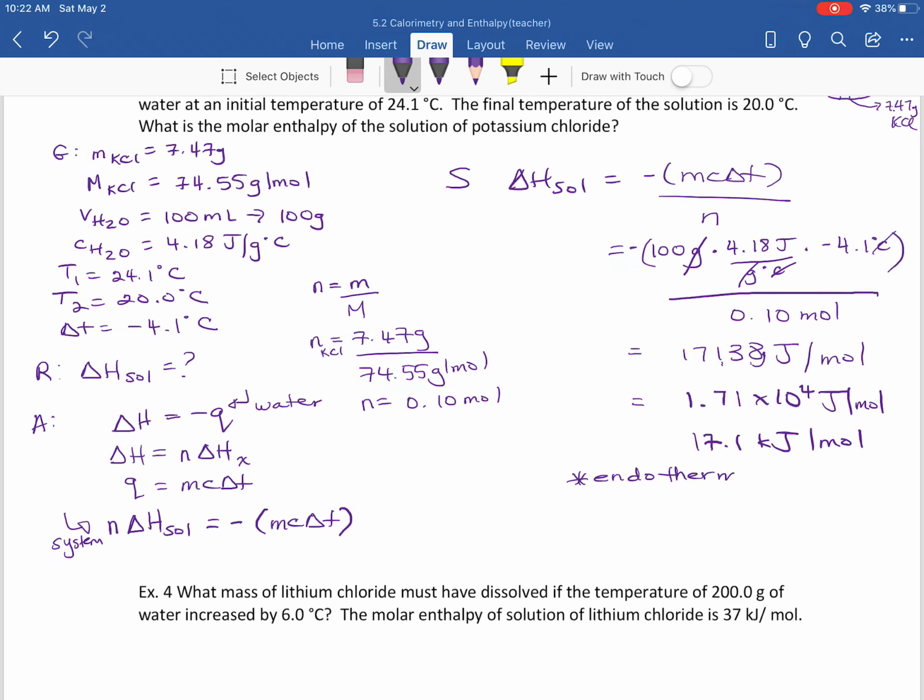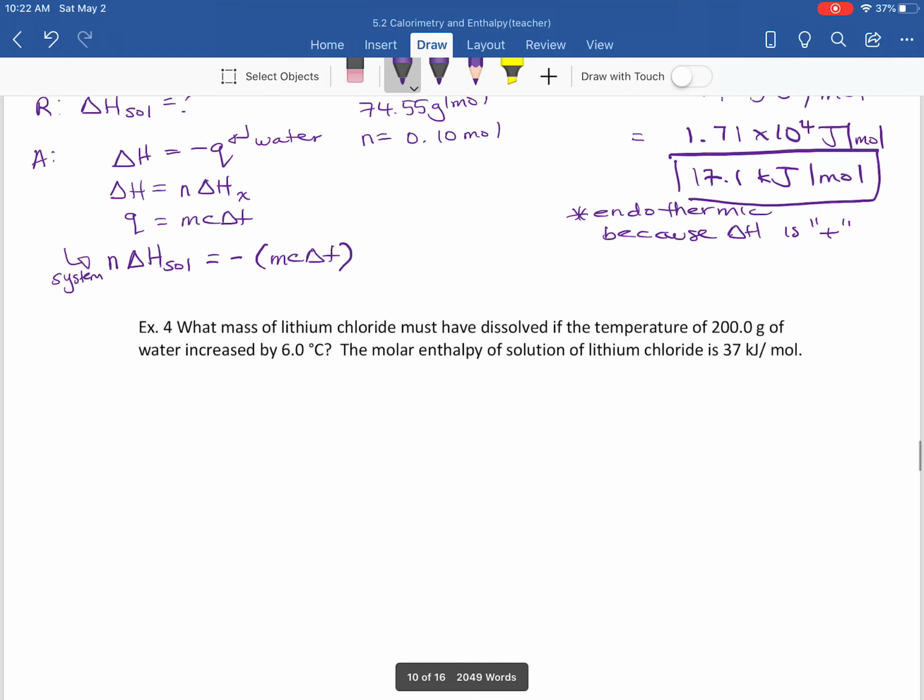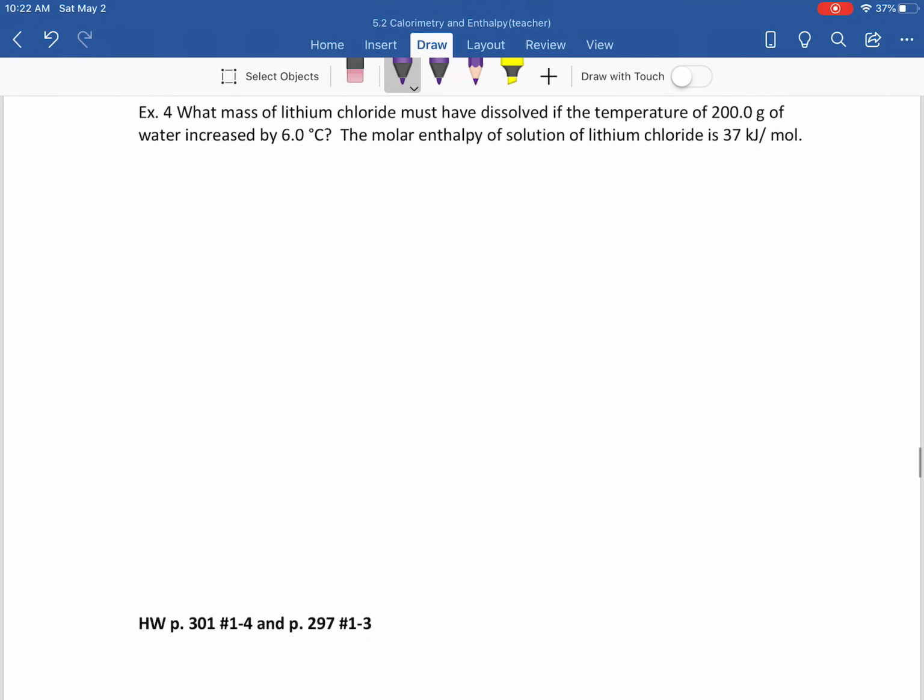And since this is endothermic, that's it. There's our answer, 17.1 kilojoules per mole, and we know it's positive because the two negatives canceled each other out, and that tells us it's endothermic. And if you think about it, it is endothermic because my surroundings got colder, which means my system had to absorb the heat. Last question, are you ready?